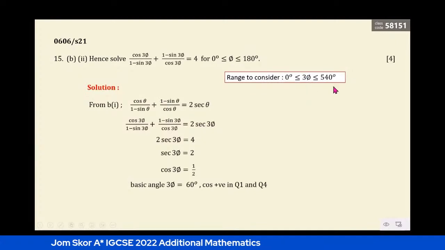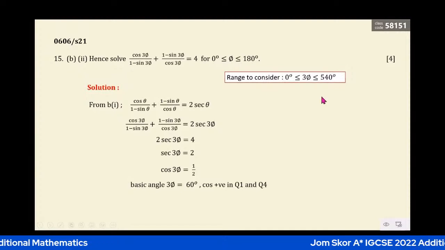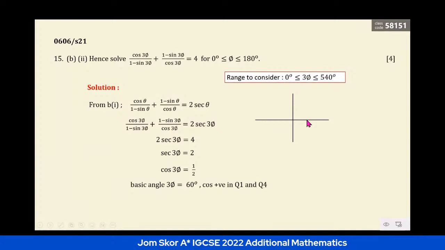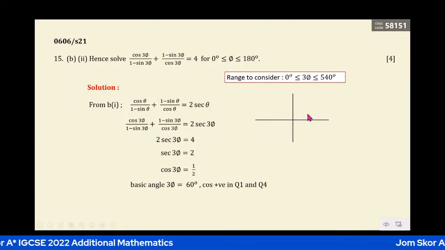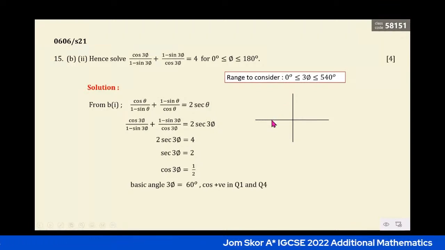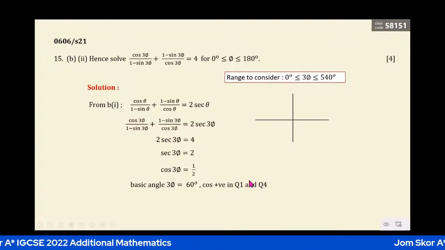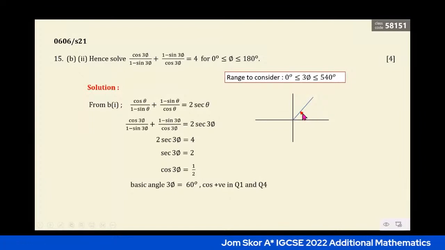Alright, so 540 degrees means the angle we want to consider starts from this angle, goes around to here, which is 360, then goes around again to here, which equals 540. Okay, we want to find angles in quadrant 1 and quadrant 4. We first find for the first rotation. Okay, in quadrant 1, 60 degrees is here. Alright, so we want the angle in quadrant 1.